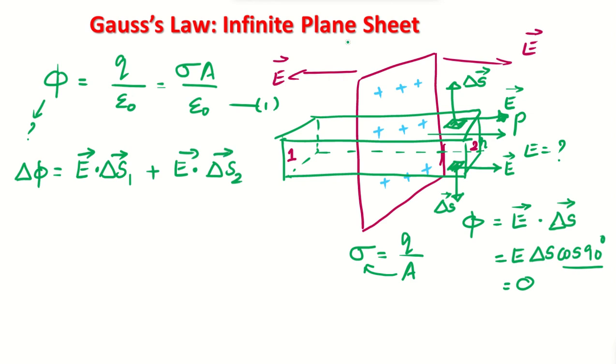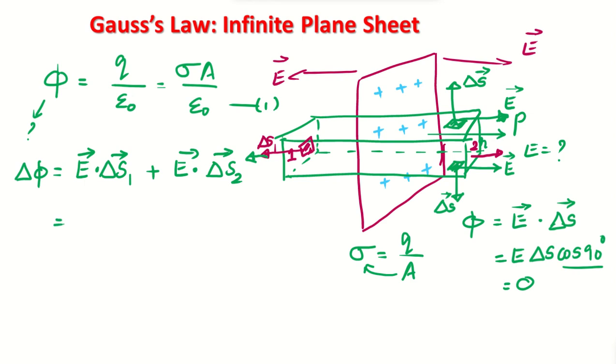So delta S1 na enna, we are just going to take a small surface here, this is delta S1 and the perpendicular to that surface is this is delta S1 and electric field will also be in the same direction. Okay, so the angle between electric field and delta S1 is 0. Same way here also in surface 2, electric field and delta S both will be along the positive x direction.